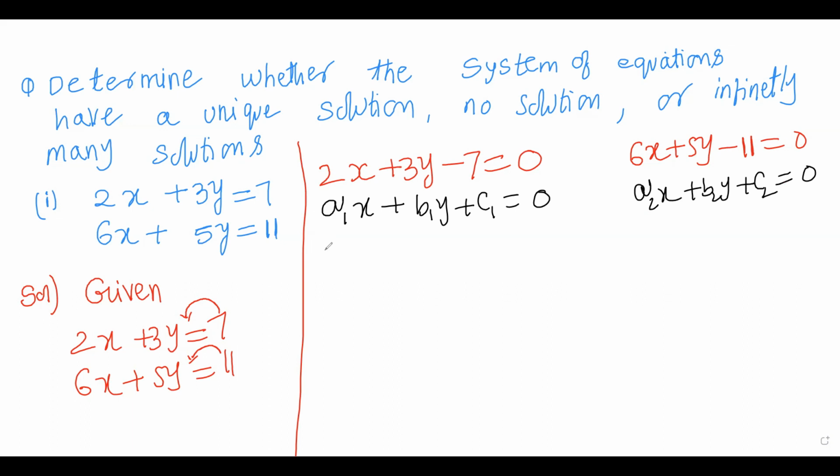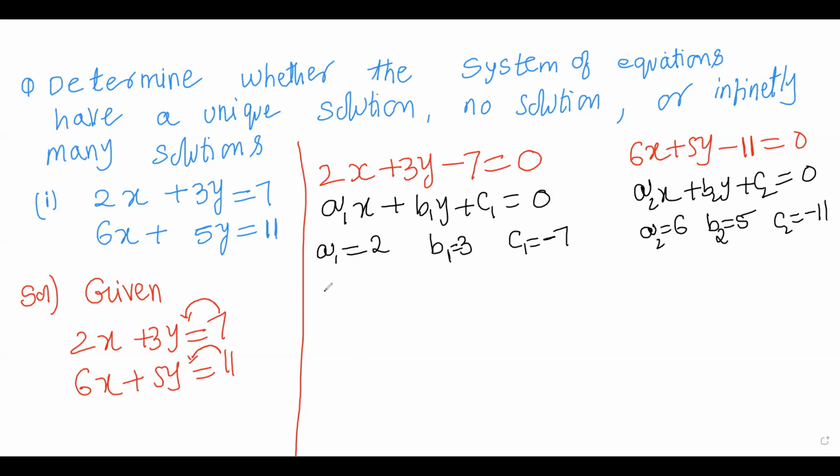Now, A1 is 2, B1 is 3, C1 is minus 7. A2 is 6, B2 is 5, and C2 is minus 11.